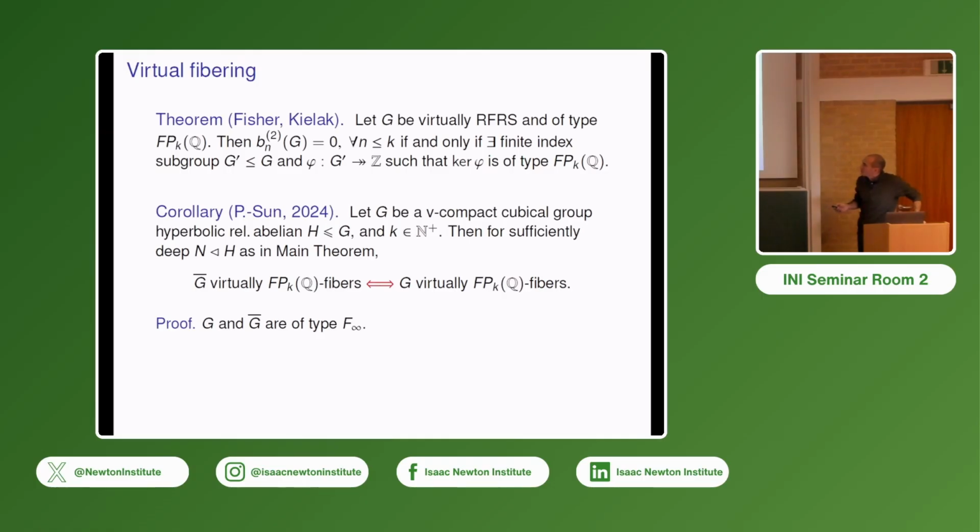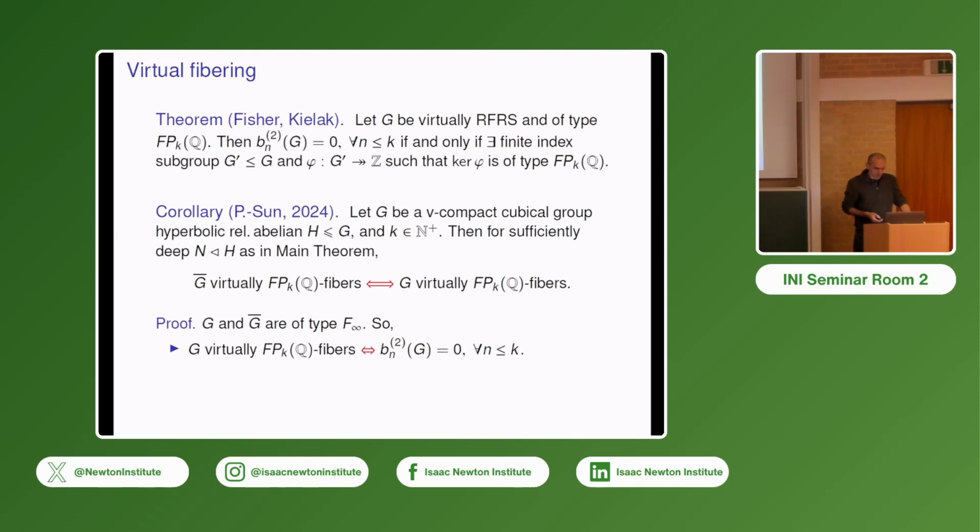Okay, so to prove it's just straightforward. Well, first, G being a virtually compact cubical group implies it's of type F infinity. And this argument that I showed earlier shows that G bar is also of type F infinity for deep enough N. So we know G and G bar are of type F infinity. They satisfy the assumptions of the theorem of Fisher-Kielak.